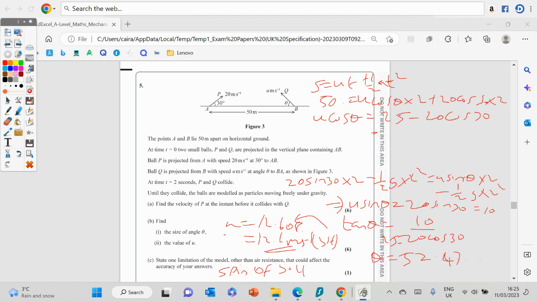The size of the balls as well, or the particle's weight, maybe, we have to assume. There's loads of things. So, one limitation, it doesn't account for the spin of the ball. And that would do.